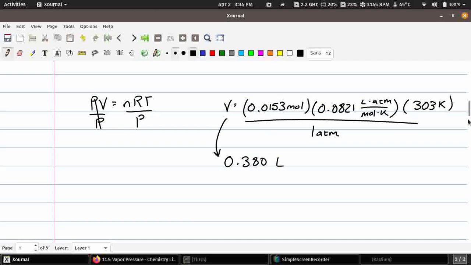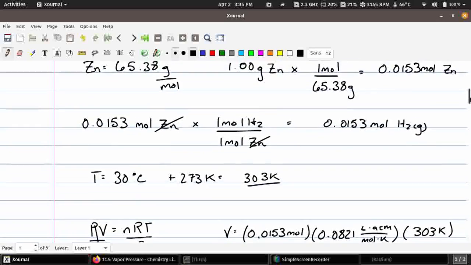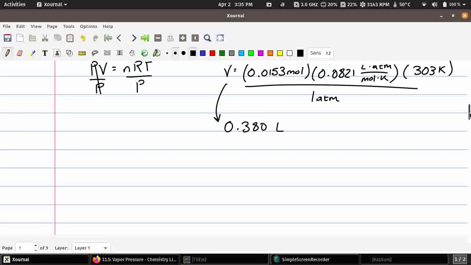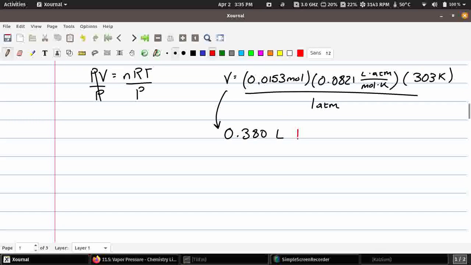So that's how you would figure this one out. The question was, what volume does the gas occupy? So let's make sure we label that. Okay, I'm going to give you a second to copy that.